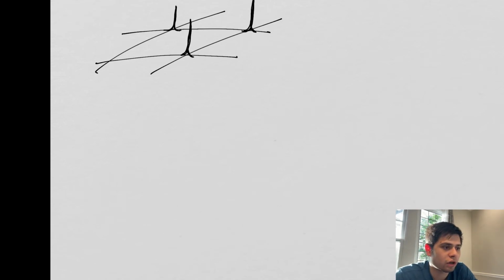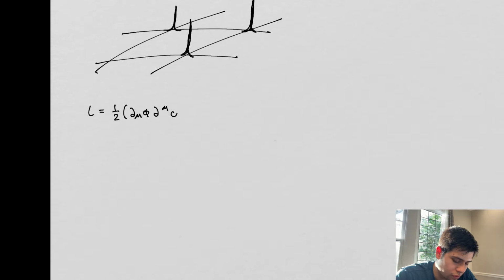We want to start off, again, by just considering our Lagrangian for a scalar field. Our Lagrangian for a scalar field, again, looks like this: d mu phi d mu phi, minus m squared phi squared.